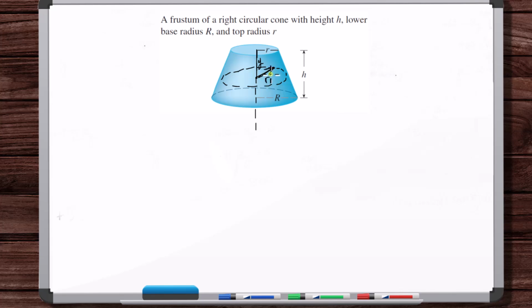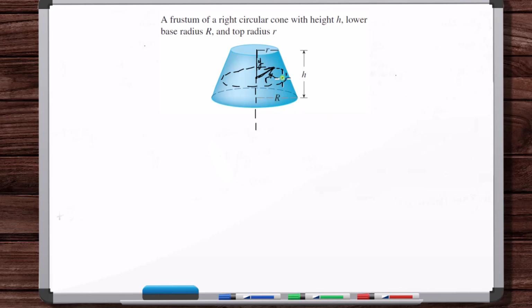We'll call that r star. All right, so we're at this position y, then there's a plane that is perpendicular to this y-axis that goes through this point y, so it cuts the solid, and there's a cross-section, and we know that's going to be a circle. What's the radius of that circle? We'll call it r star.